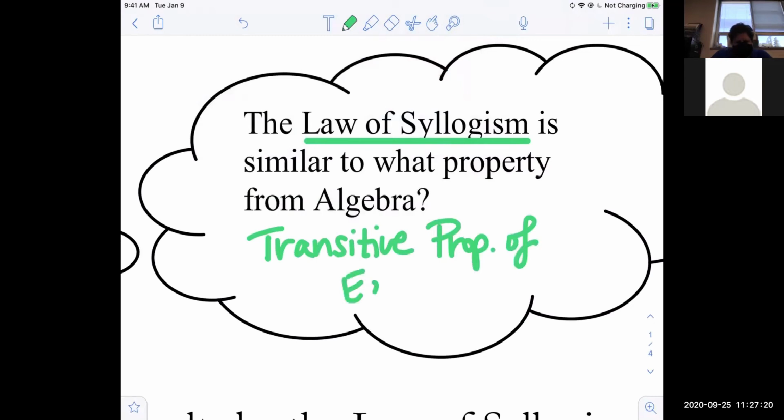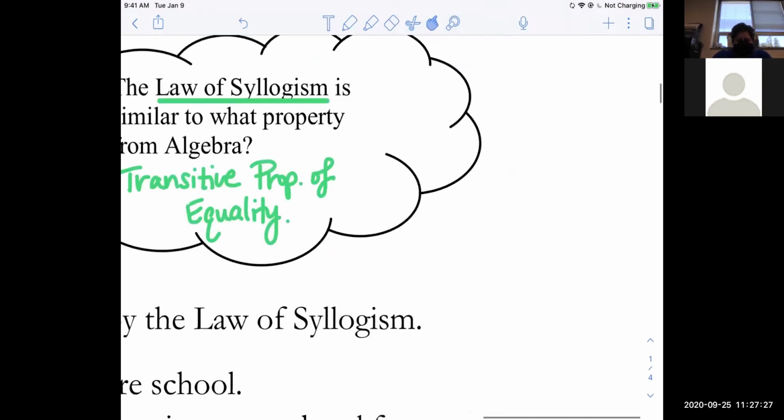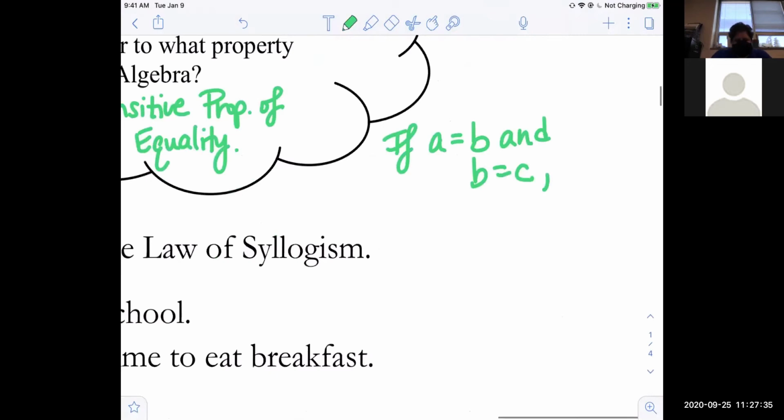The transitive property of equality says if A equals B and B equals C, then your conclusion would be what? Alexis? Then A equals C. Same idea: if two things are equal and the second is equal to the third, then they're all equal.